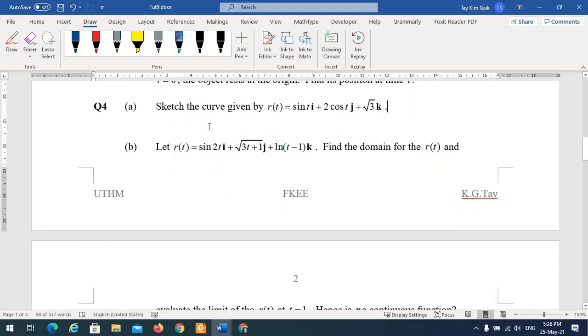Question 4. Sketch the curve given by r(t) equal to sin t i plus 2 cos t j plus sec 3 k.